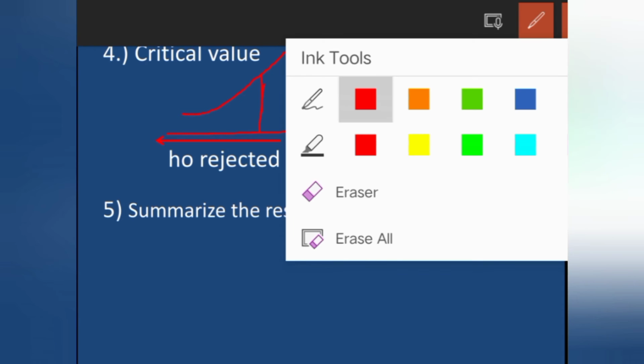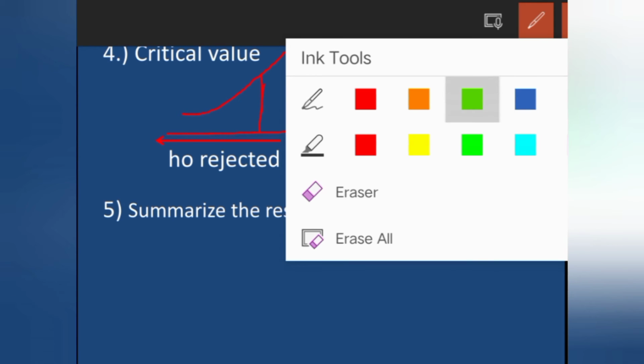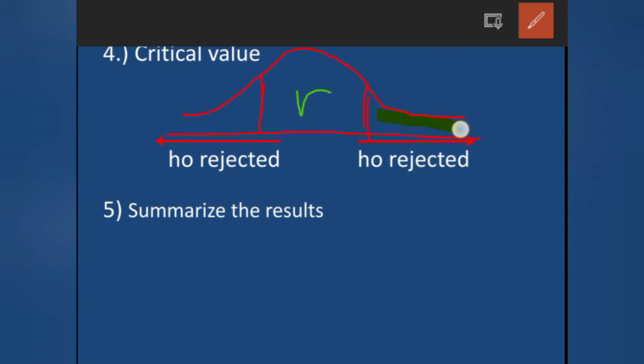So, dapat ang ating R is nandito sa in between. Diyan sa loob. Ito naman yung rejection region 2 at rejection region 1.